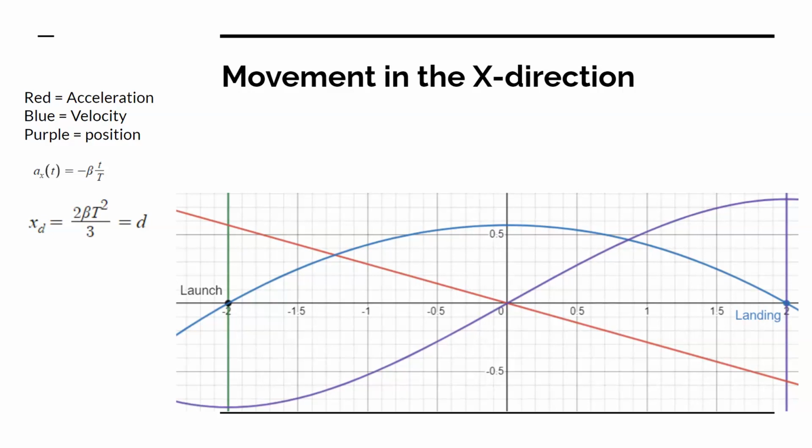If we increase this, then the distance is going to increase, and then beta, the scalar for acceleration, says that if we increase beta, which is just going to increase our initial instantaneous acceleration, there will be an increase in displacement.